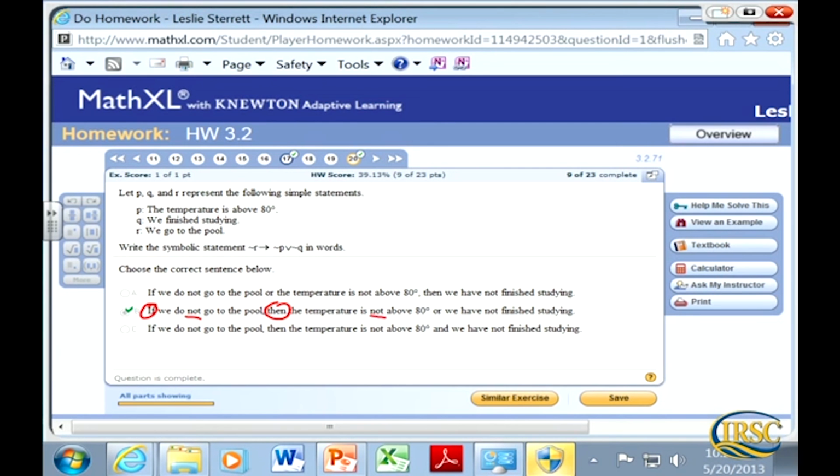Okay, not again, or, and then the not again. And then if we look at this one, our connectors are if, we have a keyword of not, then, not, and not. Okay, so what's the difference between these two? The and the or. Okay, so it's a very subtle difference, and so you really have to pay attention to what the symbol was that you had here. And so this was the or symbol, which is why the second choice was correct. Okay.